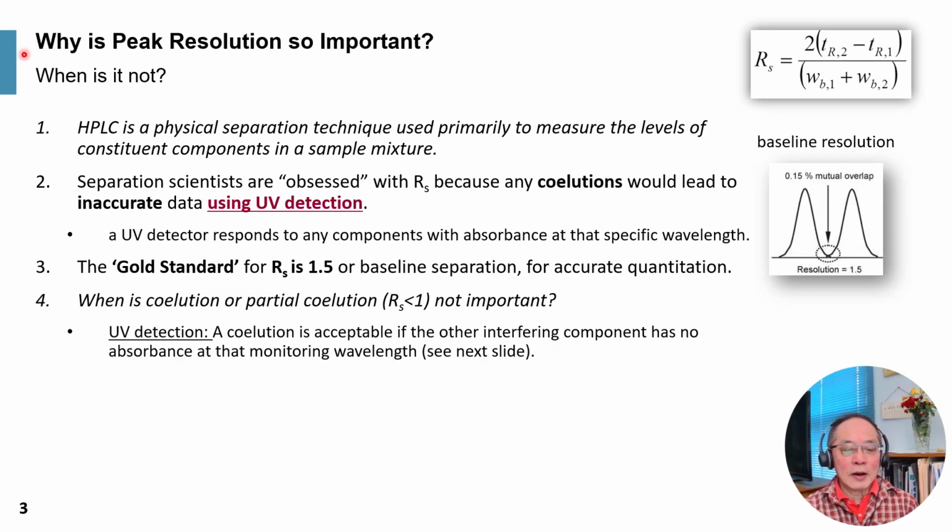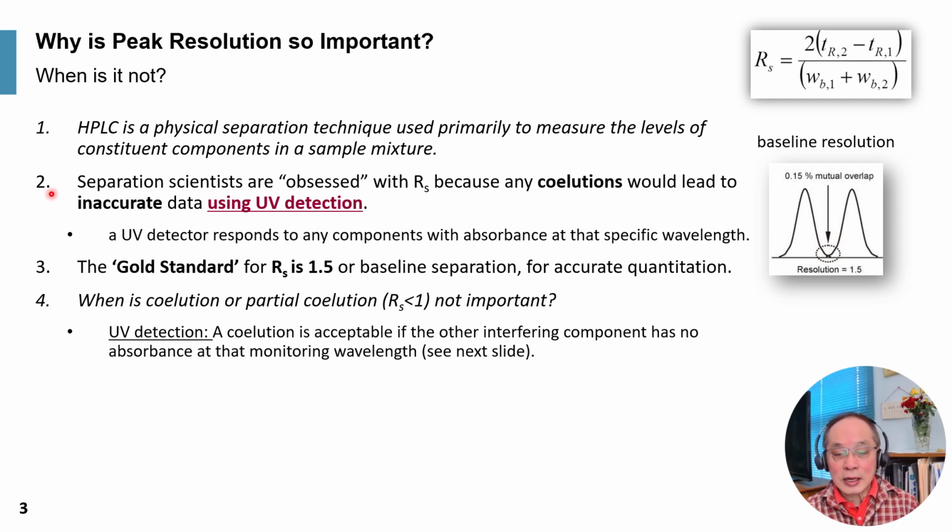In this slide, we discuss why peak resolution is so important and when it is not. First, to reiterate our goals in HPLC separation, it is a physical separation technique and it's primarily used to measure the level of its constituent components in a sample mixture.